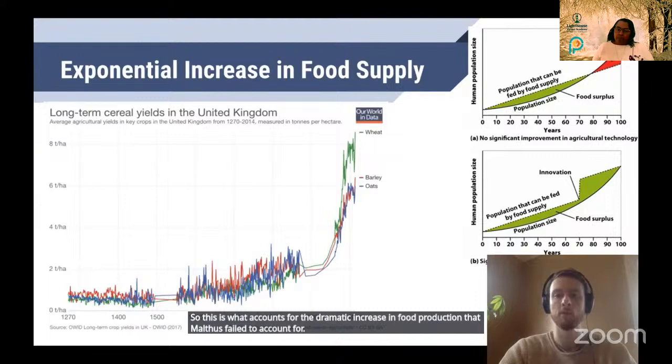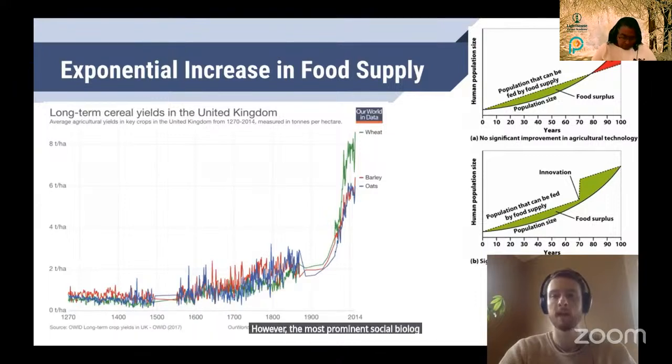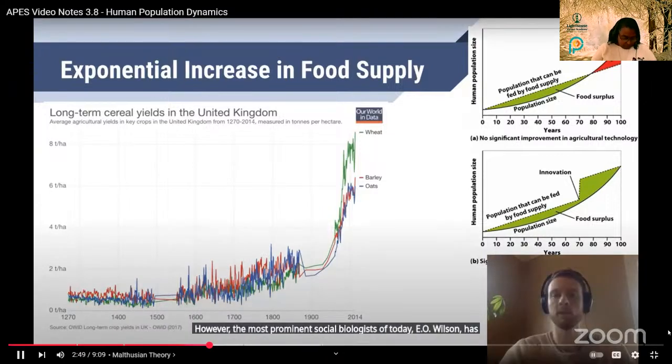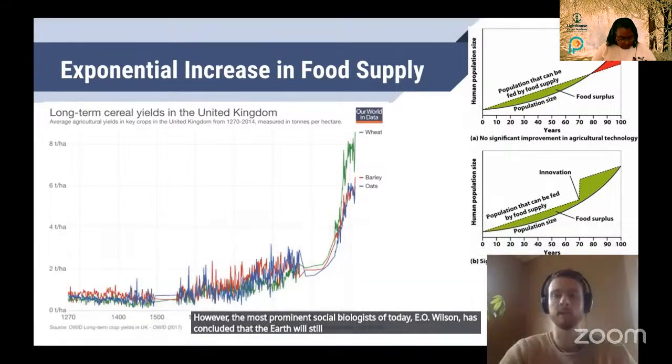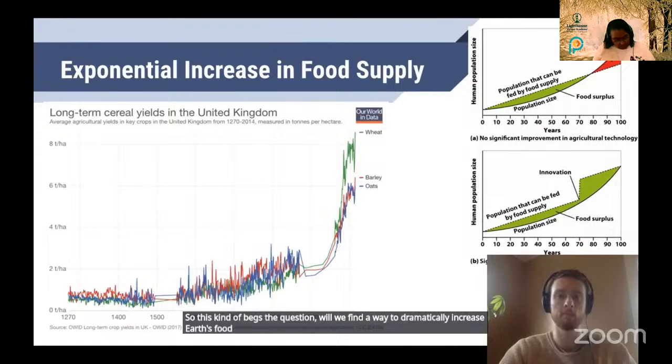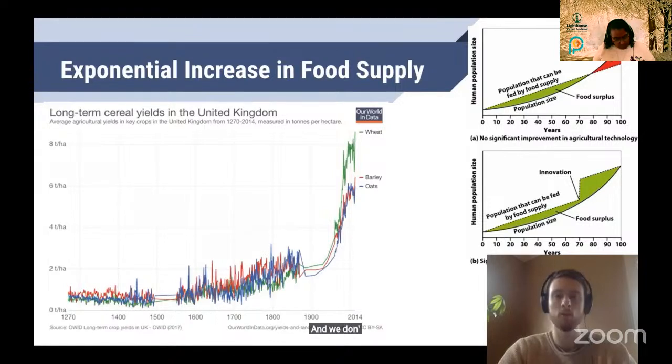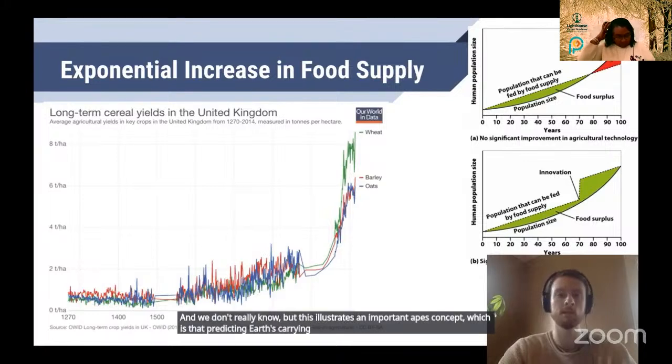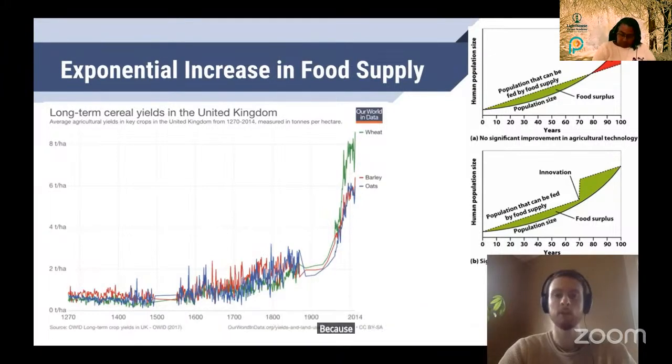However, the most prominent social biologist of today, E.O. Wilson, has concluded that the Earth will still experience a carrying capacity based on the limits of our farmland, and he and many other leading social biologists have predicted this number will be around 10 billion. This begs the question, will we find a way to dramatically increase Earth's food supply again? We don't really know, but this illustrates an important APES concept, which is that predicting Earth's carrying capacity for humans is difficult, because future technology can alter resource availability in a way that just isn't possible for other species on Earth.